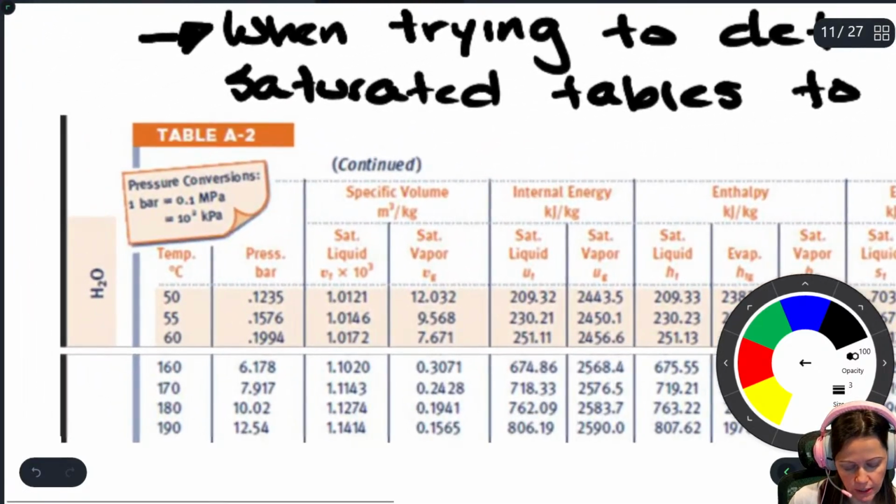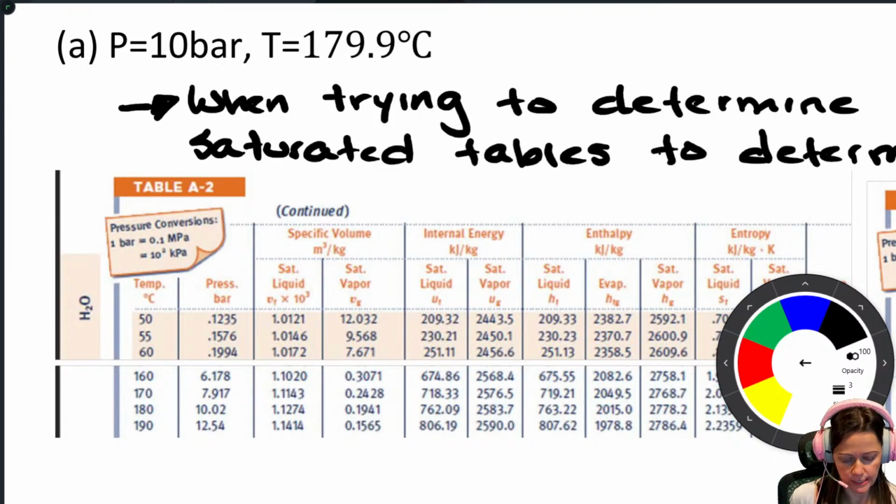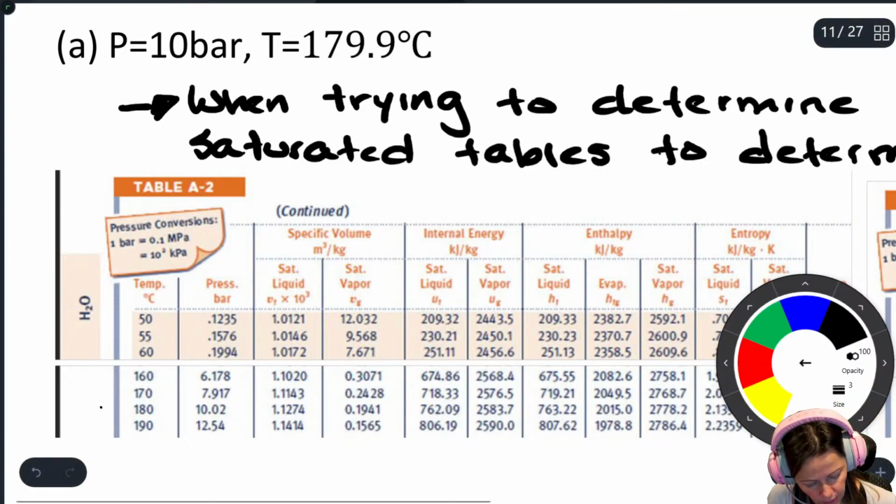So if I go to table A2, remember I was at 10 bar and 179.9 degrees Celsius. Well, it's not right on there, which is a little bit annoying. We haven't talked about interpolation yet, but it's kind of close.